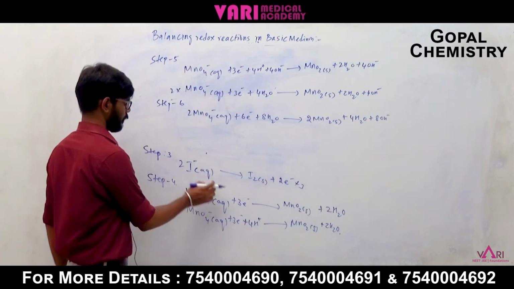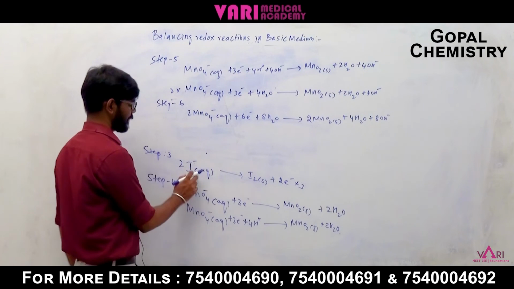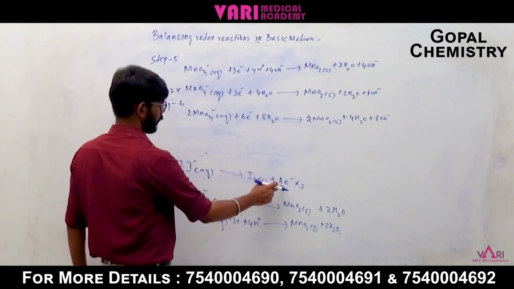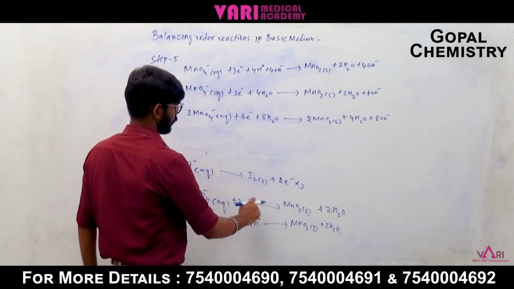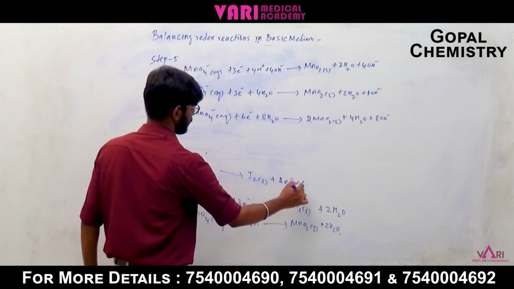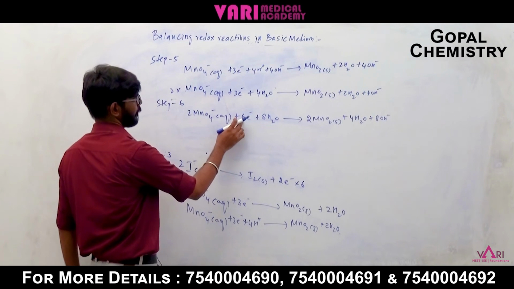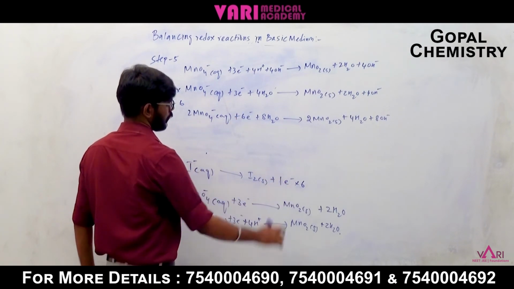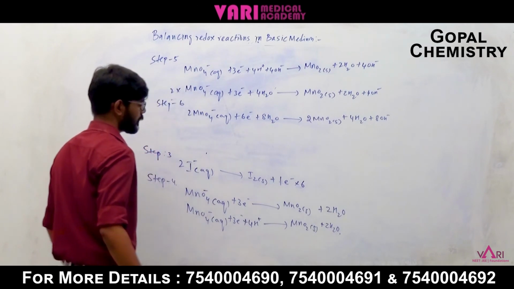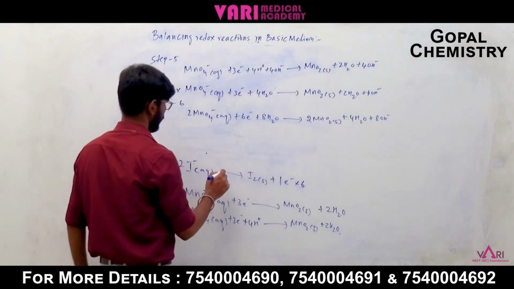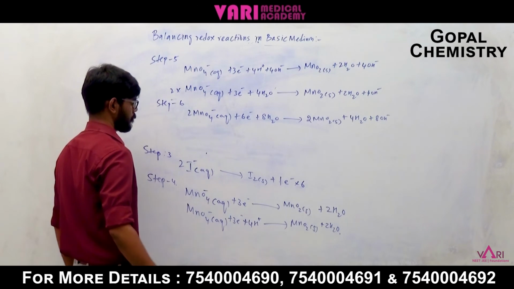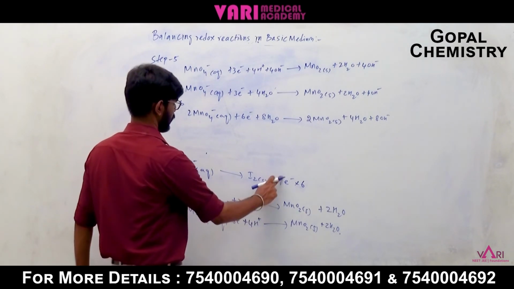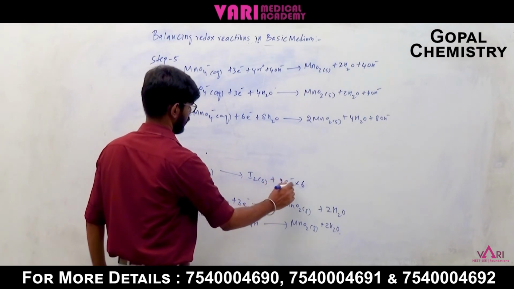Next we have to multiply this equation by 3, because we have 6 electrons here, so here also we have to have 6 electrons. 2 electrons are there, so here 3.